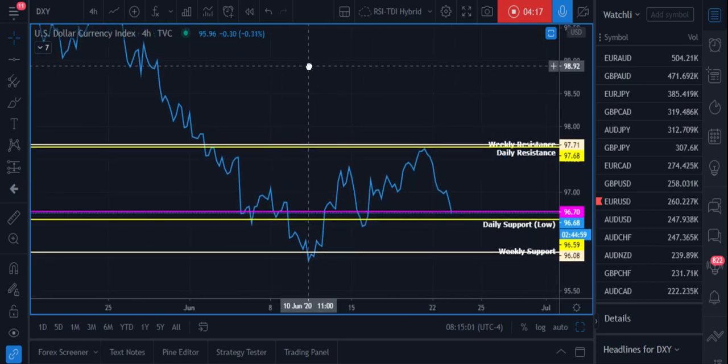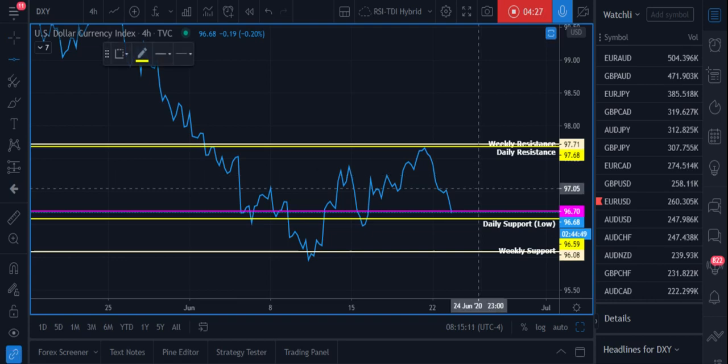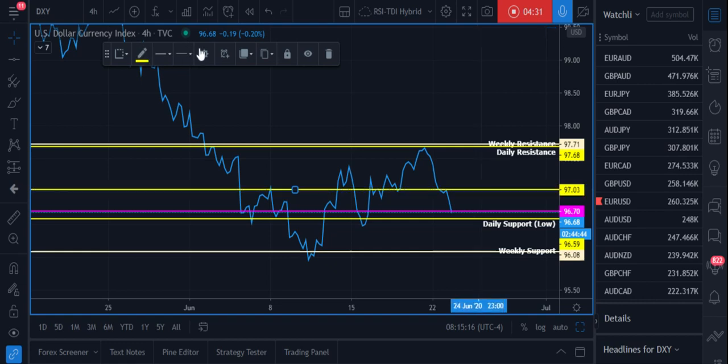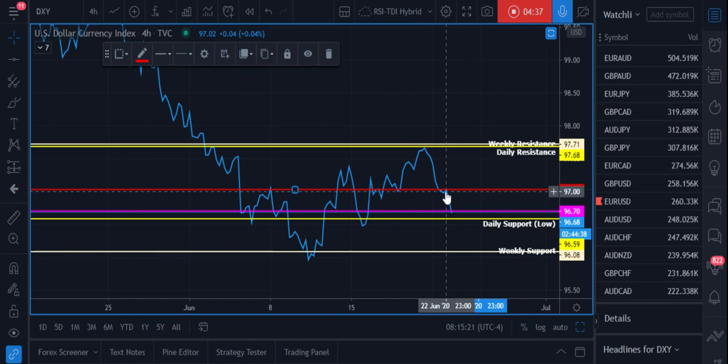So let's go to most recent price action. Right in here, right here, looks like some action. I'm going to change the color. On the 4-hour, I like to make it red. And I see right here, this is a point or area of support, resistance, and I'm sure I can go back in time and keep going.